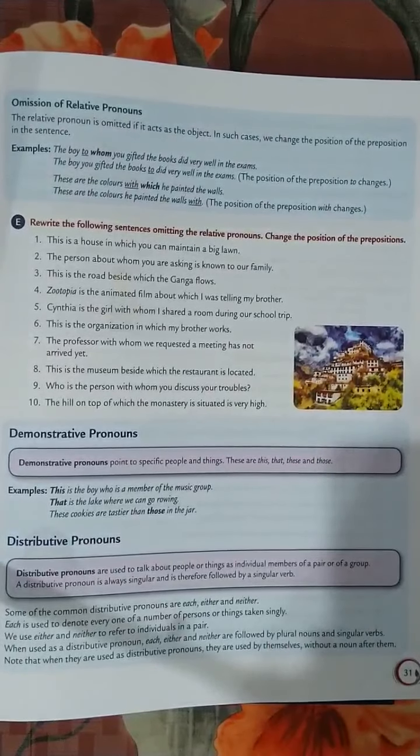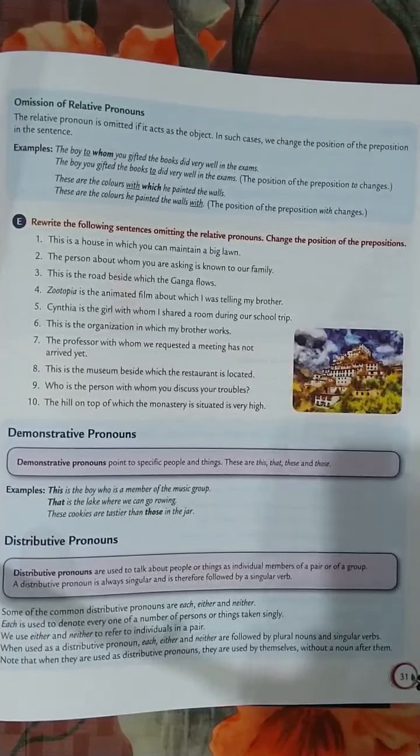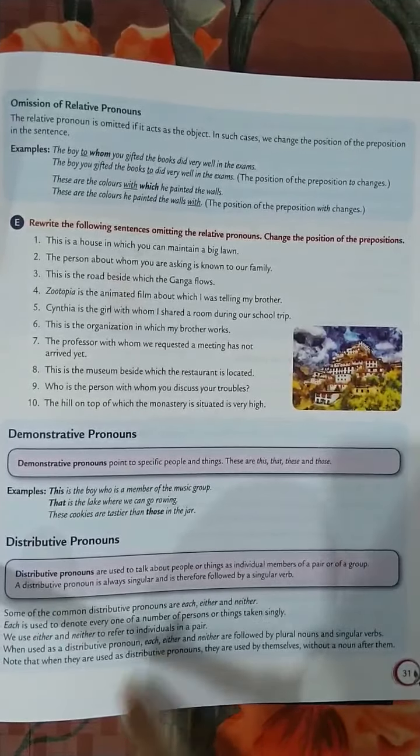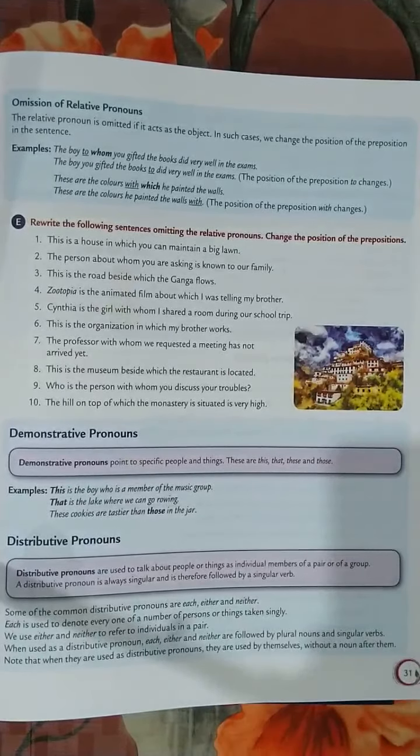That is, when distributive pronouns like each, either and neither are used, they are followed by a plural noun and a singular verb. Do remember, plural noun and singular verb.